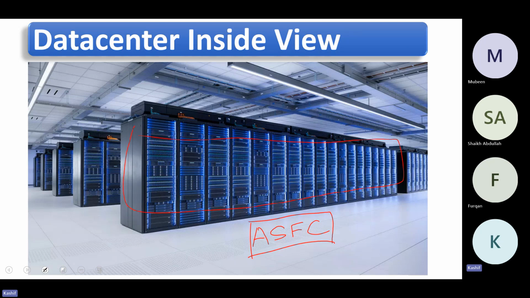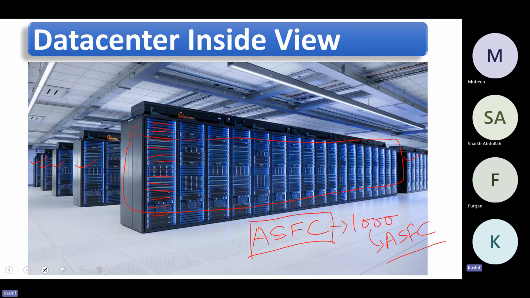Inside that container you have multiple racks. Inside multiple racks you have multiple servers, right? This is one container. Similarly, you have two, three, four, five, six, total six containers we can see in this picture. So let's say 1000 containers is called one Azure Service Fabric cluster.